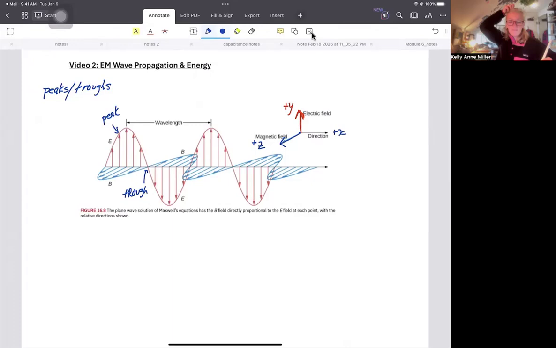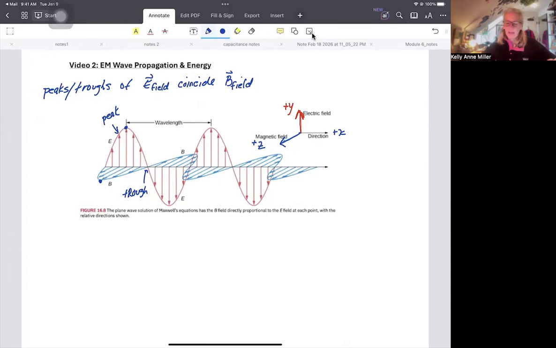The peaks and the troughs of the electric field, the E field, coincide, they overlap, with the B field. So when there's a peak for an E field, like here, there's also a peak for the B field. Okay, and same thing with the troughs.